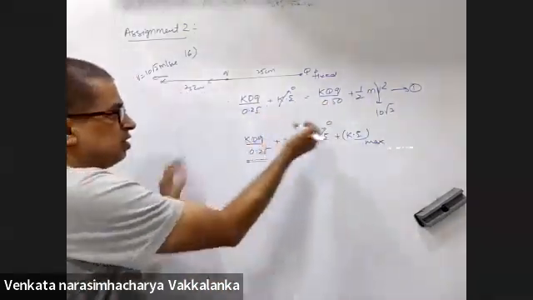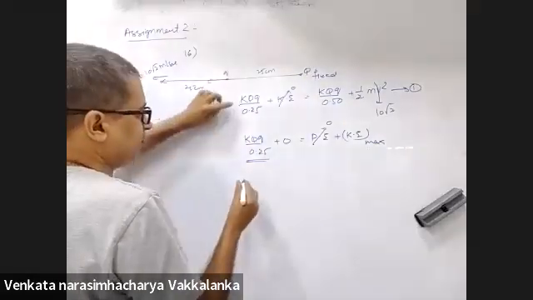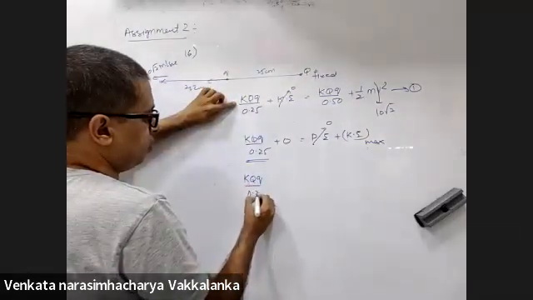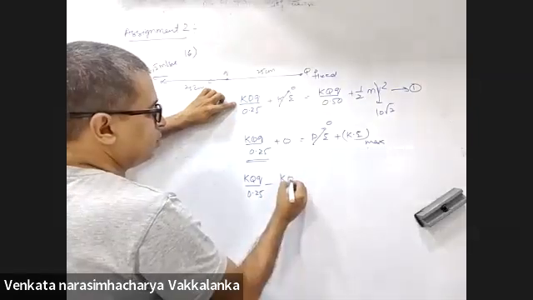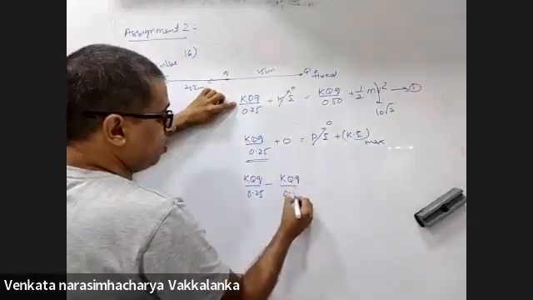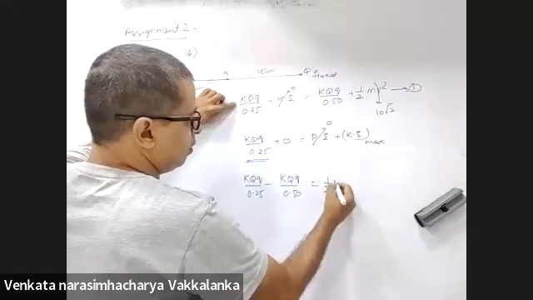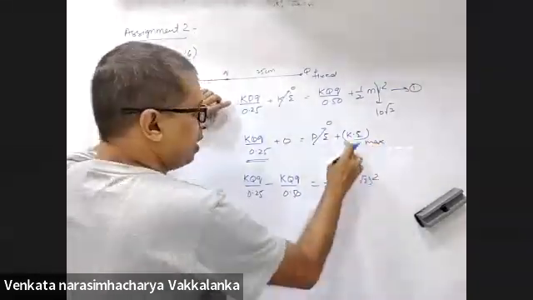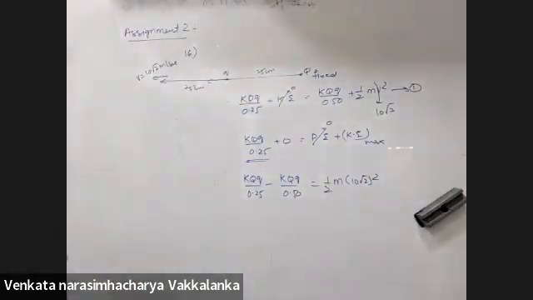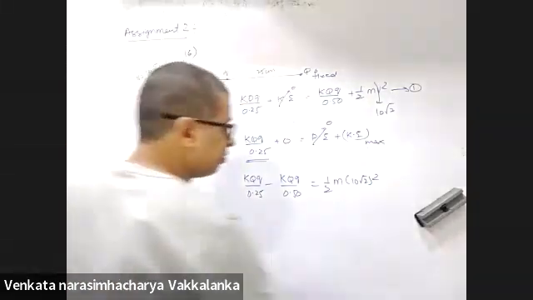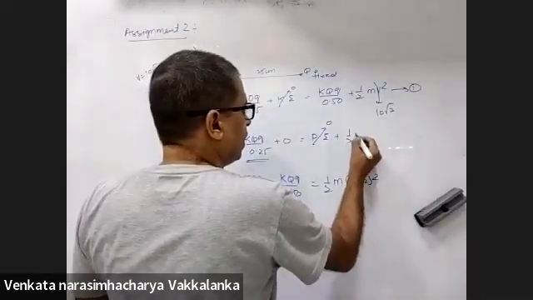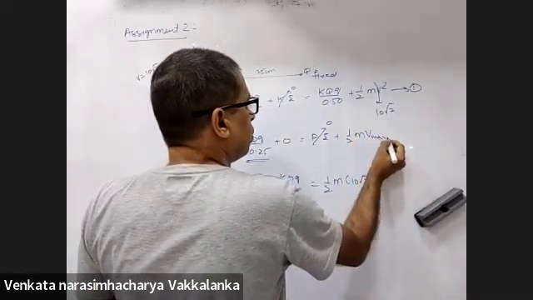Divide both. Now the first equation, I'll bring it to the left. This will be KQq by 0.25 minus KQq by 0.50 is equal to half M 10 root 2 whole square. He asks for velocity maximum, so here you will write half M V maximum whole square.